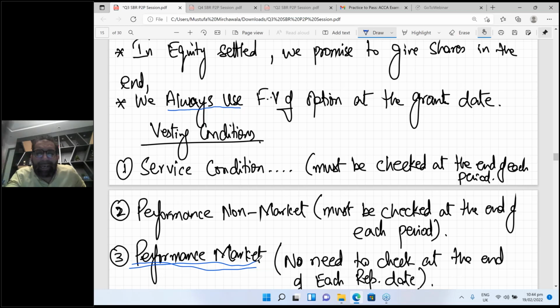So at each year end, you don't need to see the share price or whether we are meeting the target or not. I'm just giving you a few summary points.